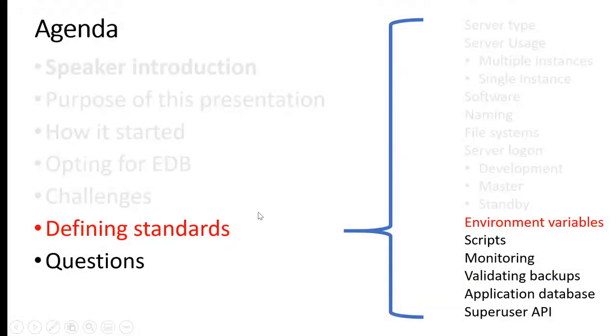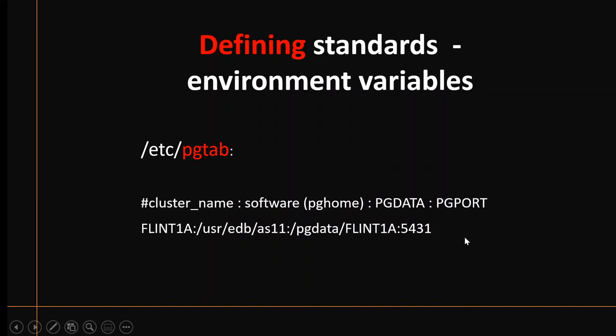Now, I'm going to tell you about how we set the environment for a database. On every server, we have a file, and that's also something we copied from our other database system. That file is called /etc/pgtab. And this is the contents of an acceptance server.